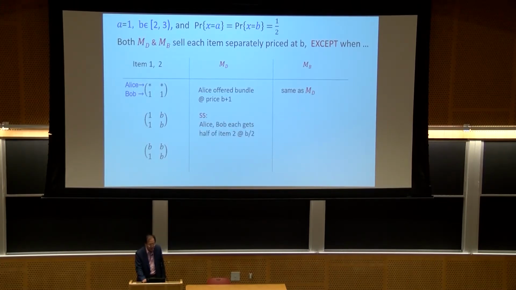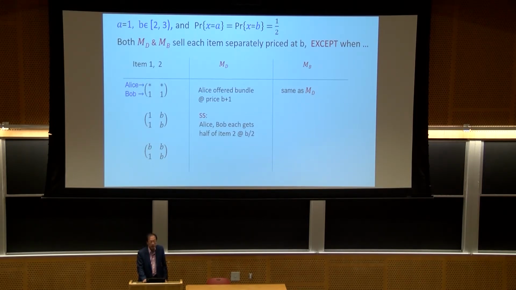What is different is that suppose one buyer has a combination of a low and a high valuation, and it turns out that the other buyer also has exactly the same pattern, one low and one high. Then in the dominant strategy, each one of Alice and Bob would get half of the high-valued item.